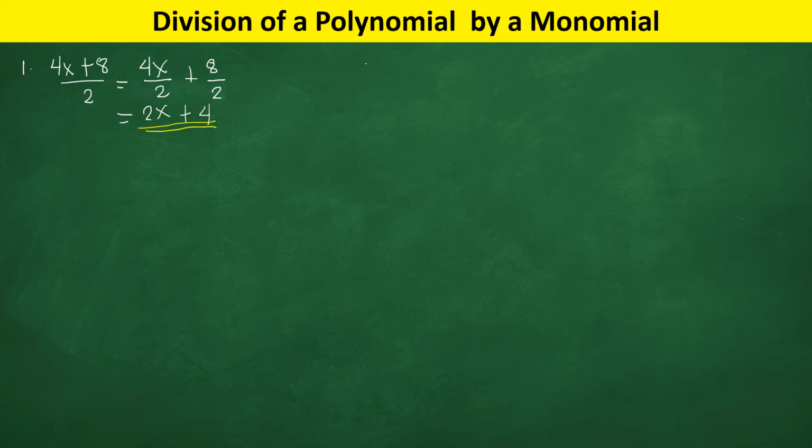Okay. For example number 2, we have 24x minus 16y divided by 8. Okay. So again, we can break it down.